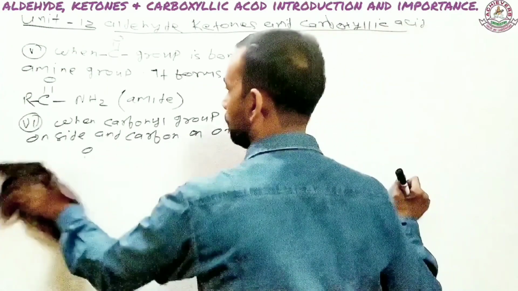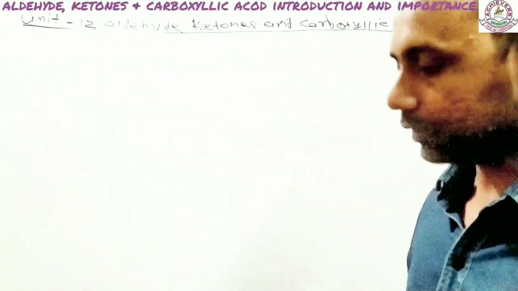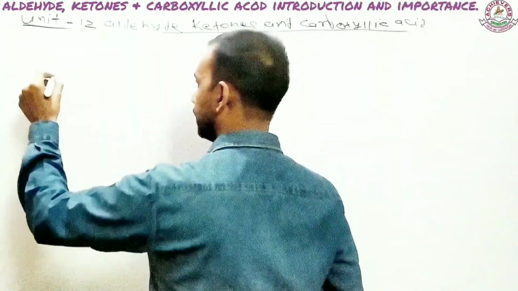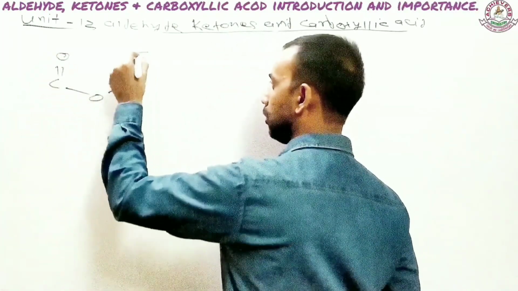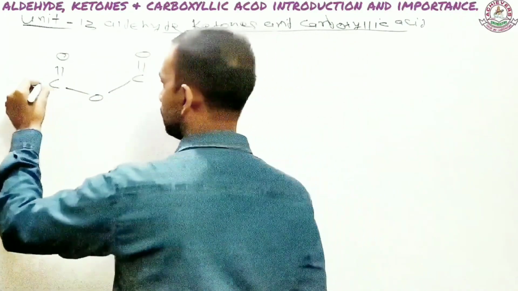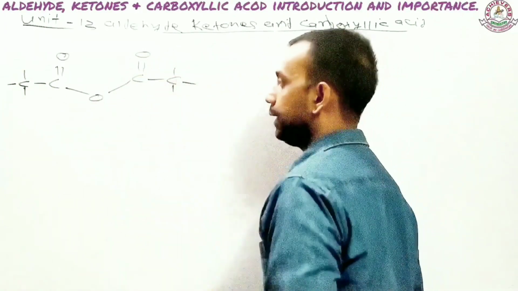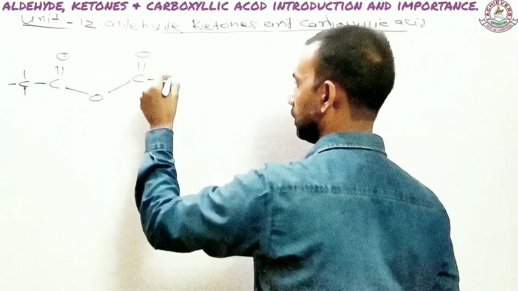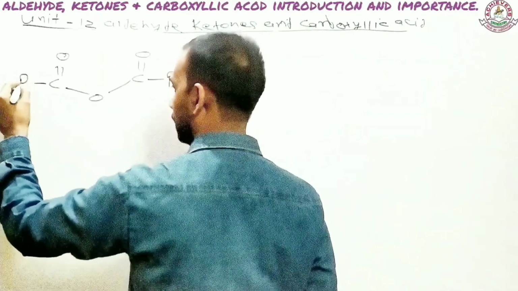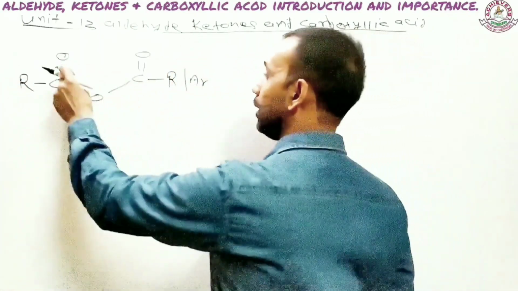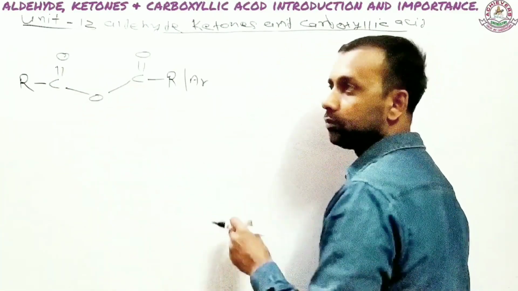The last one we have here is acid anhydride. I'll show you what that structure is. When there are two carbonyl groups bonded to oxygen, with R or Ar on each side, they form acid anhydride.